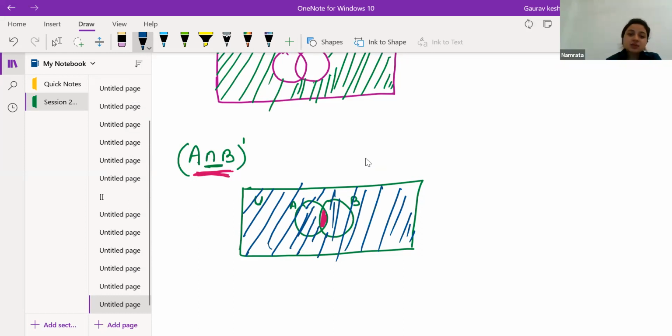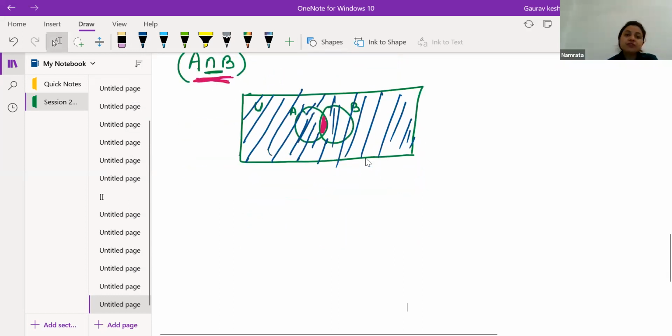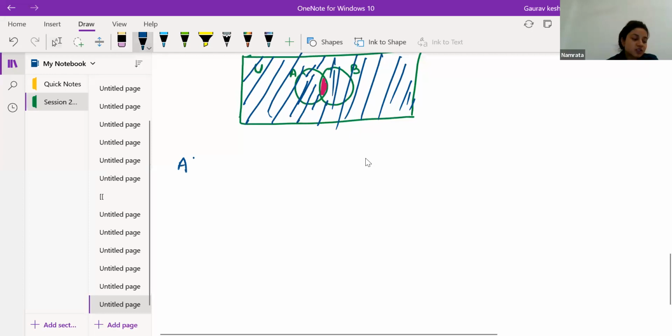All right. Similarly, let's do the last one. If we are having A complement union B complement, again we will start with the same concept.